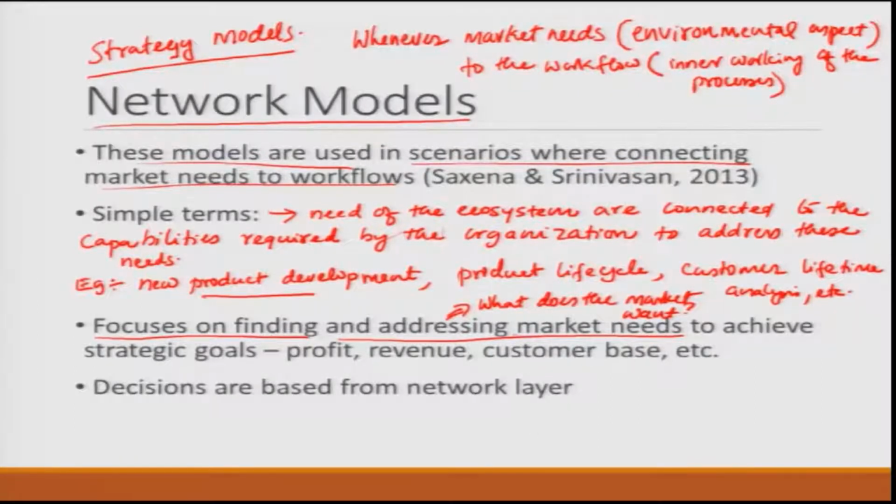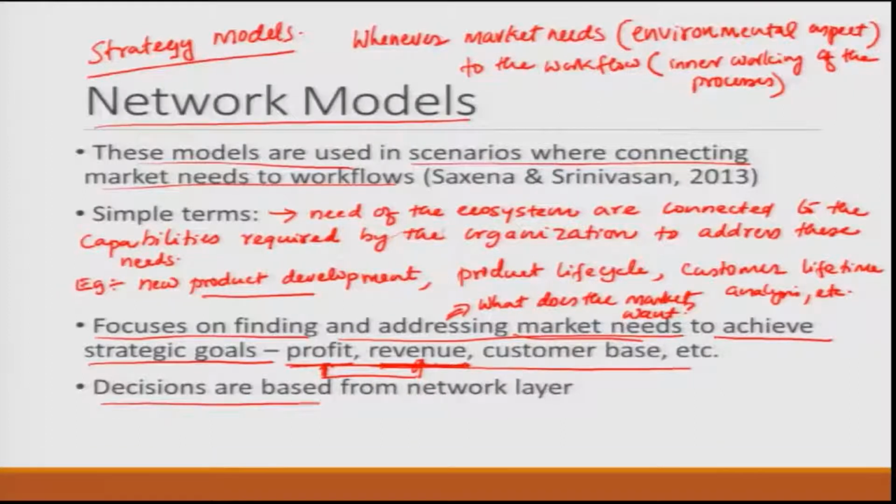Once you understand the market need, you try to achieve that market need so that you can get your strategic goals. So, why would Tata build the Tata Nano? If a lot of people buy it, it will increase their revenue, and that in turn increases their profit, so that the company will grow. That is the reason they jumped into that kind of an aspect.